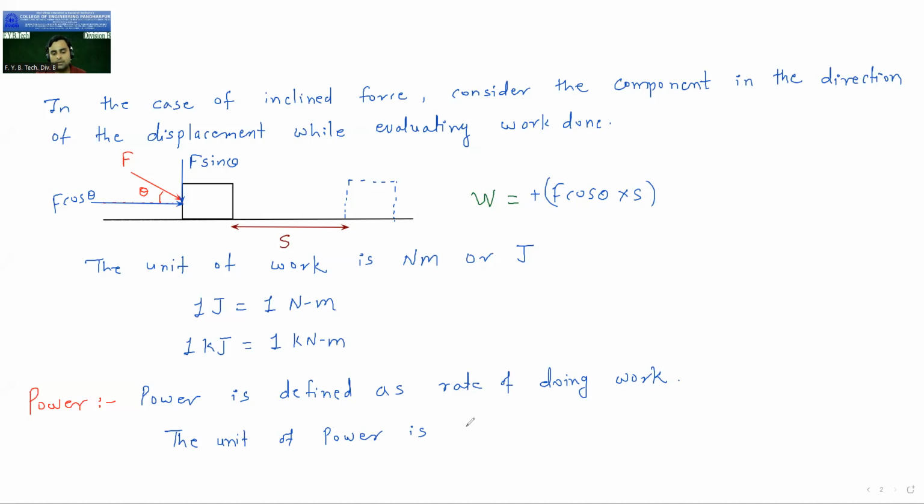So it is Newton meter per second or joule per second, and joule per second is called watt. 1 watt is equal to 1 joule per second, which is equal to 1 Newton meter per second. Okay. So this is required: when the power is given in watt, you have to convert it into Newton meter per second for the calculations.